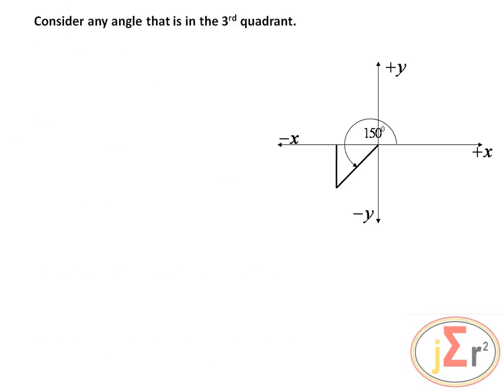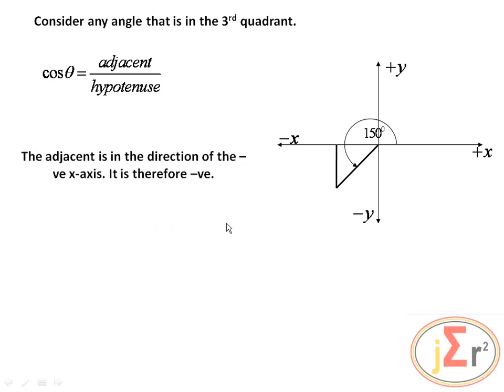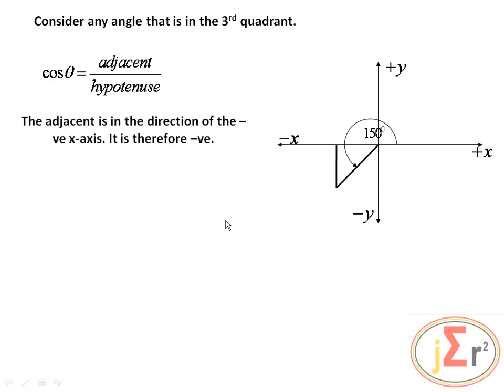Considering any angle that is in the third quadrant. So we throw in an angle that is in the third quadrant, right here. This is the line that we are talking about, and we complete the triangle with this one. So what do we know? We are talking about cosine. Adjacent over hypotenuse.